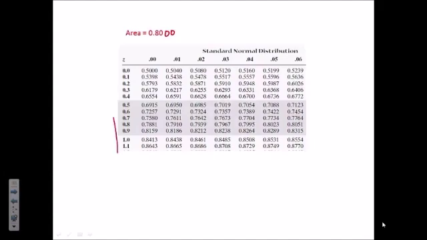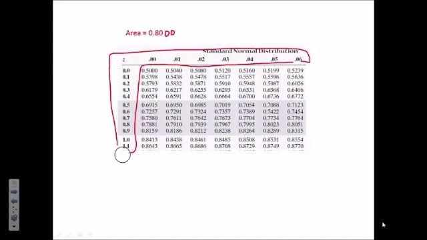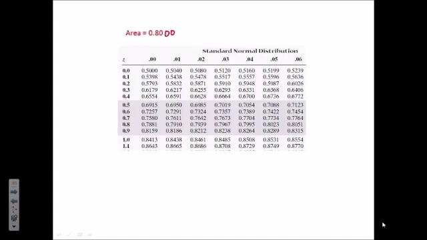Out here in the margins, we have the z-scores. So in this case, we look up 0.8000. Let's disregard the point for now. We're looking for 8000. Well, the numbers start here at 5000. As you go down, you'll see they get larger, and you're looking for 8000, but you don't find it.